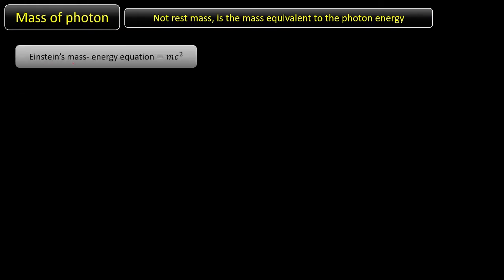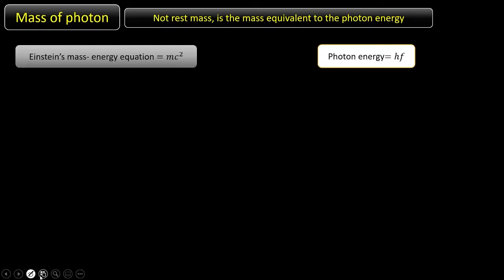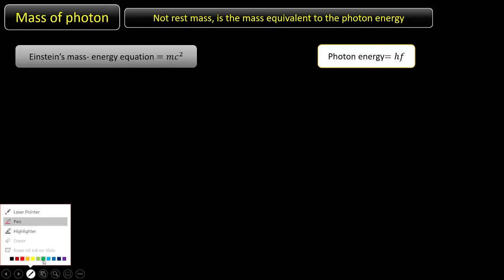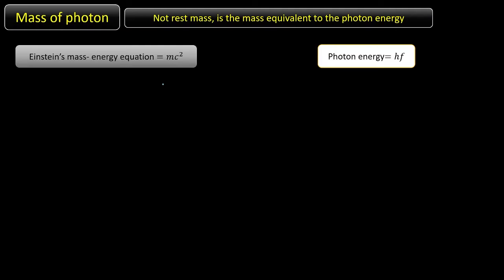From Einstein's mass-energy equation, E equals mc squared, and the photon energy, which is equal to hf, these two equations will help you get the mass. So mc squared is equal to hf, then m is equal to hf per c squared. This is the expression for the mass of a photon.